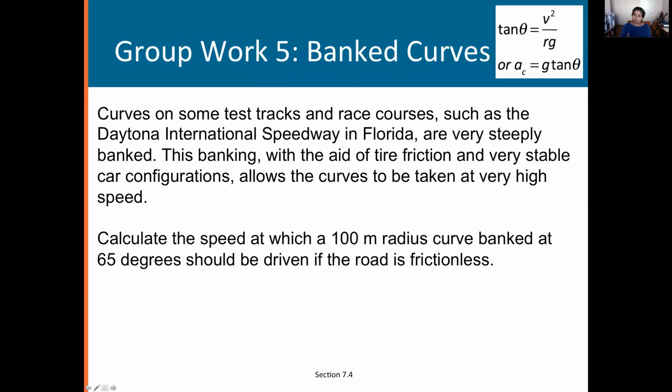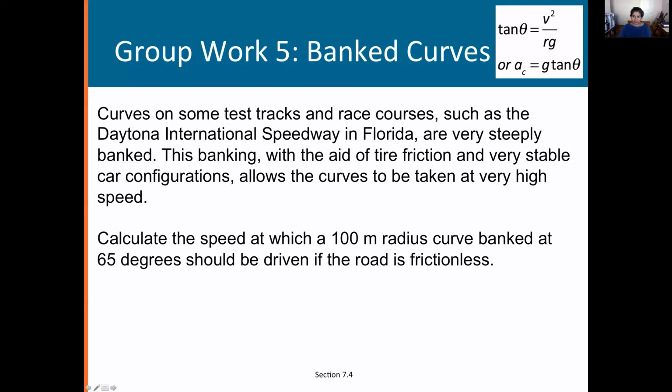So you're going to go look back at our leveled and raised tracks. And you'll see that in the raised tracks, we had a relationship of tan theta equals v squared over rg. Just to remind you, I have given you the formula here, okay? But this will normally not be given in the problem. You need to know what to look for.